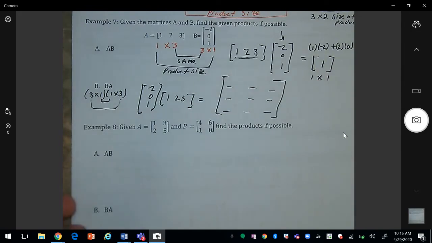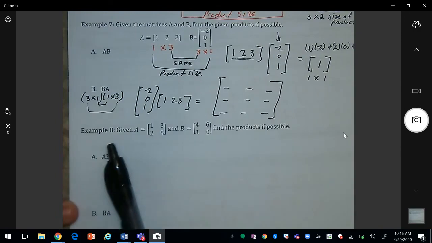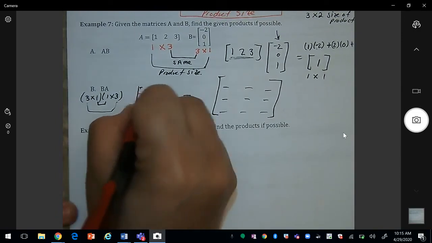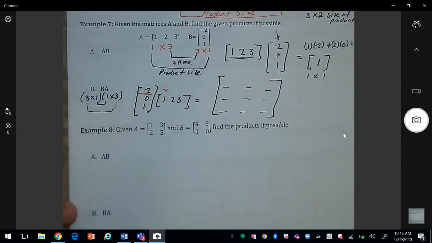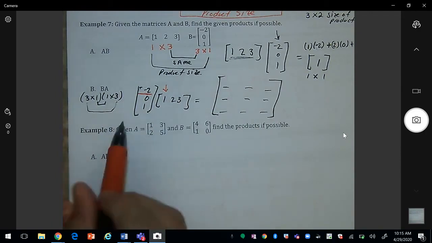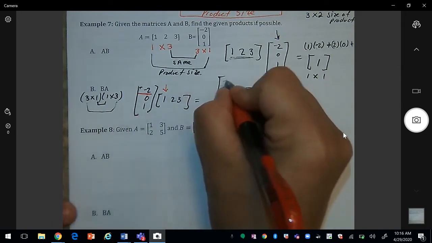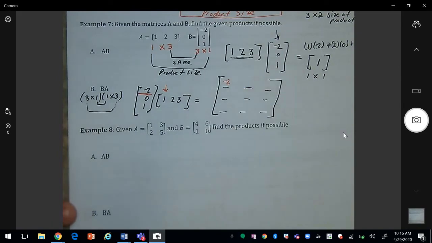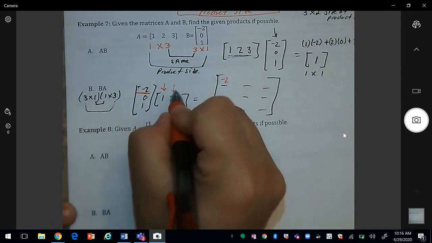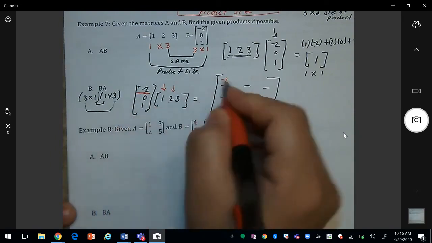Okay. So to begin, we look at the first number or the first row, which is this one, and we're going to multiply times the first column. So we would say negative 2 times 1, and there's nothing else in this column, so my answer here is just negative 2. And then we go on to the second column. Negative 2 times 2 is negative 4.